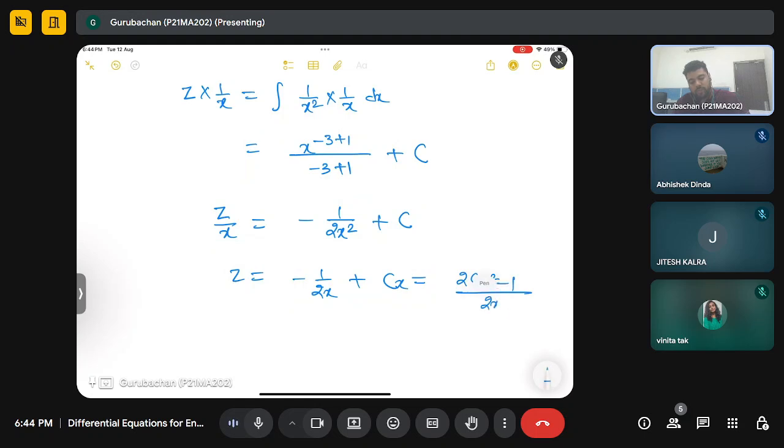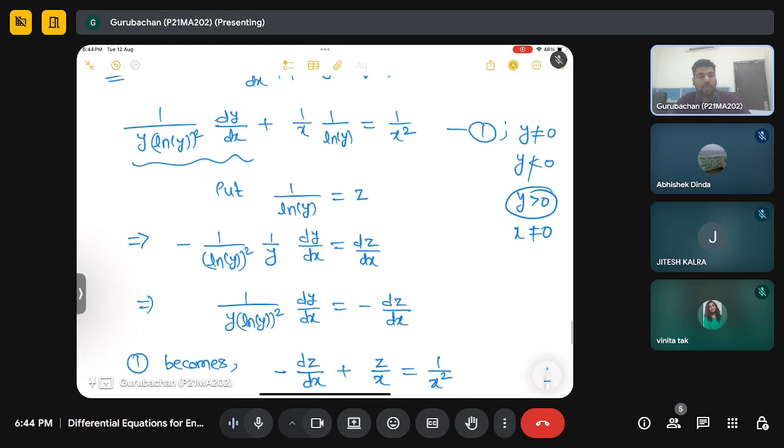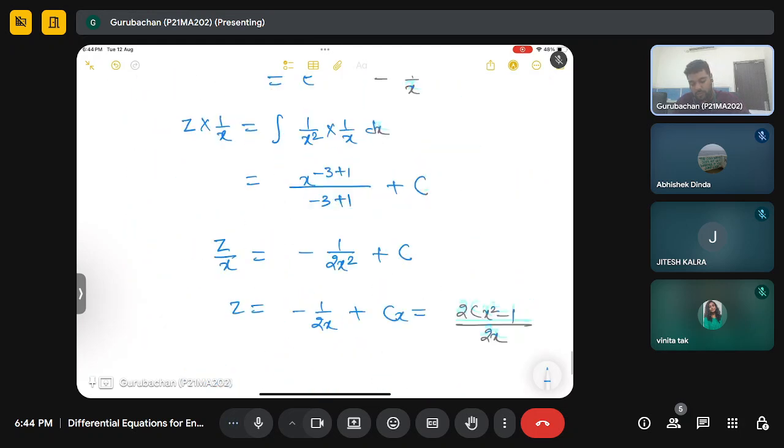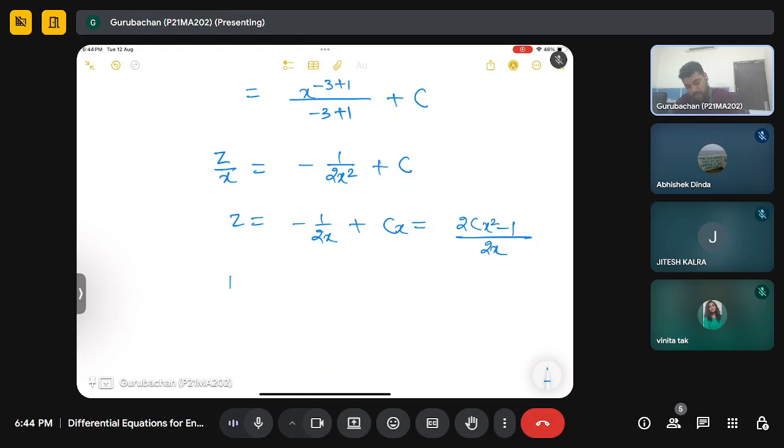is 2x. And what was the value of z? Z was 1 by ln y. So 1 by ln y will be 2x.